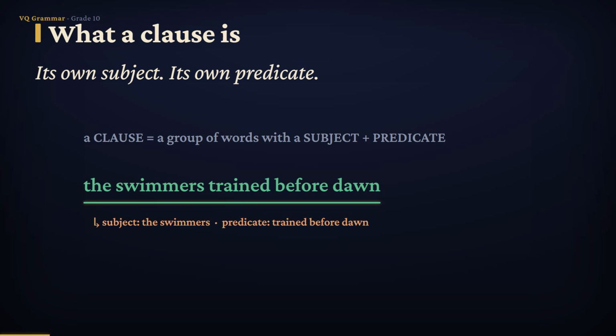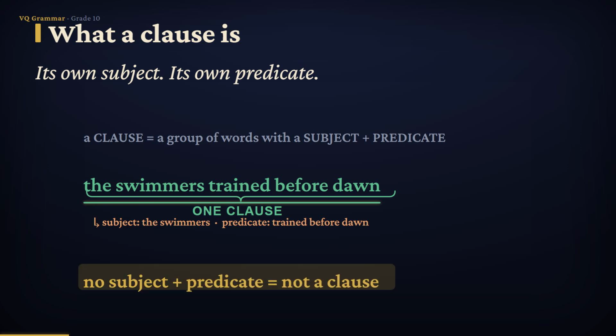Trained before dawn. That's the predicate. Subject plus predicate, sitting right there inside the group of words. That is what makes it a clause. And that single test is what separates a clause from a phrase, which we met back in Unit 3. If a group of words is missing a subject, or missing a verb, it is not a clause at all.